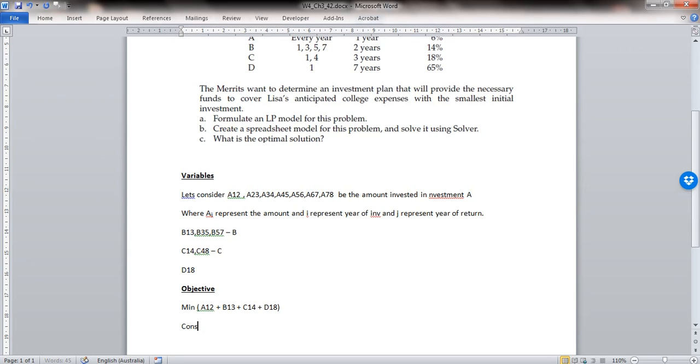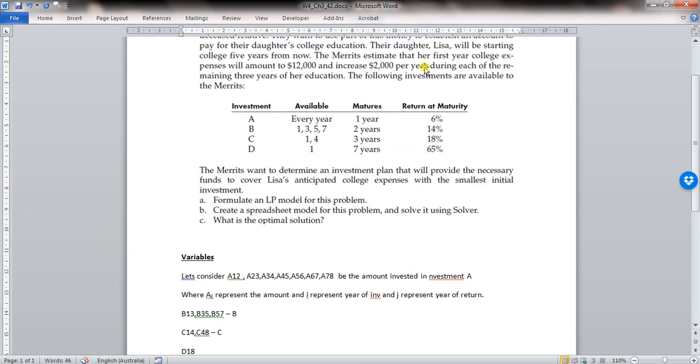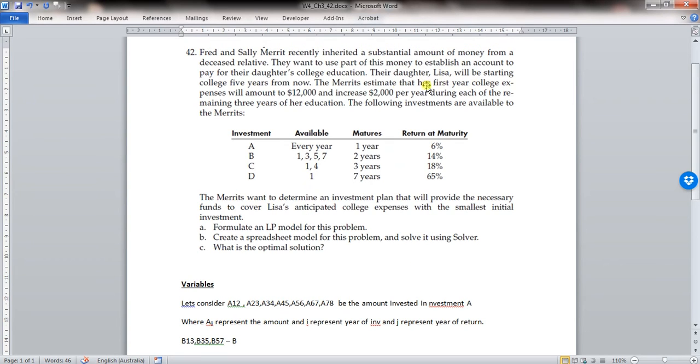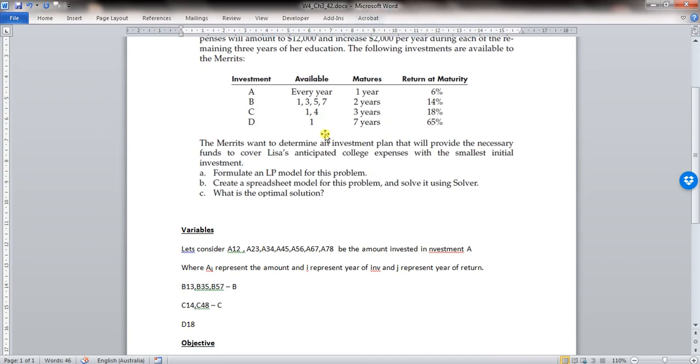What would be the constraint? The constraint is the amount that is required by Lisa for her studies. It says the first year of the college, and the college starts after 5 years, so in the year 6.